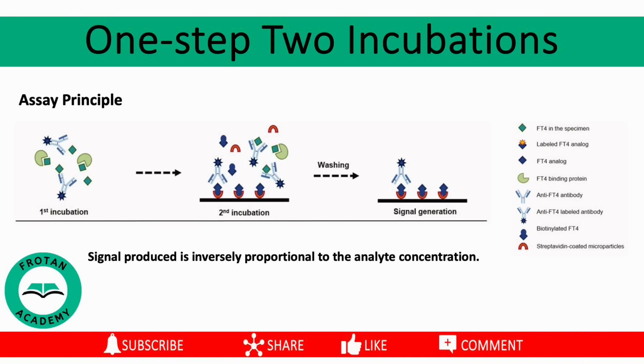Biotinylated T4 and streptavidin-coated microparticles are then added in the second incubation, where the biotinylated T4 binds to the unoccupied labeled anti-T4 antibody from one side and to the streptavidin via biotin from the other side, forming a complex which is captured on a solid surface. The unbound constituents are then washed, and the label on the anti-T4 antibody emits a signal which is detected and quantified. The signal is inversely proportional to the concentration of FT4 in the sample.